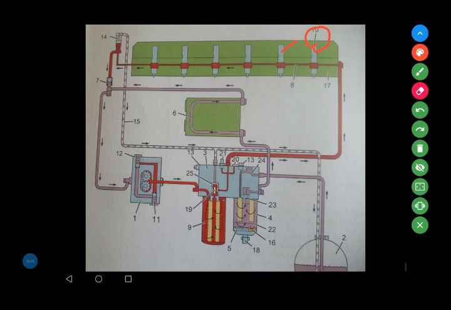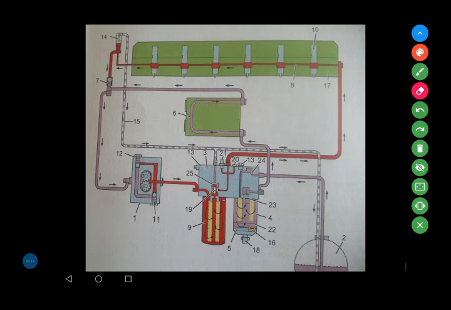Number 15 is the fuel return line. Number 16 is the water and fuel sensor. Number 17 is the cylinder head. This whole greenish area is the cylinder head.